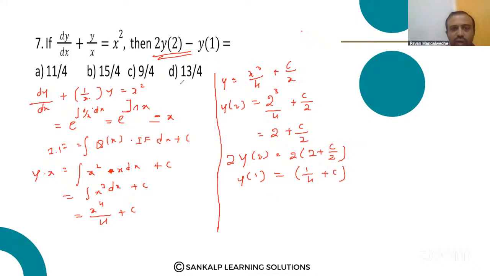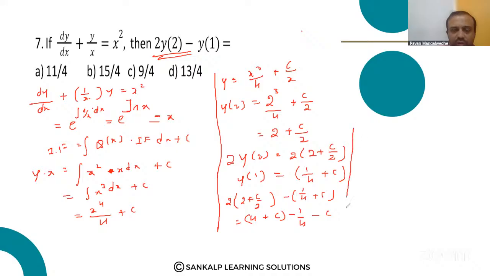So 2 y of 2 minus y of 1 can be written as 2 into 2 plus c by 2 minus 1 by 4 plus c. So this is 4 plus c minus 1 by 4 minus c.